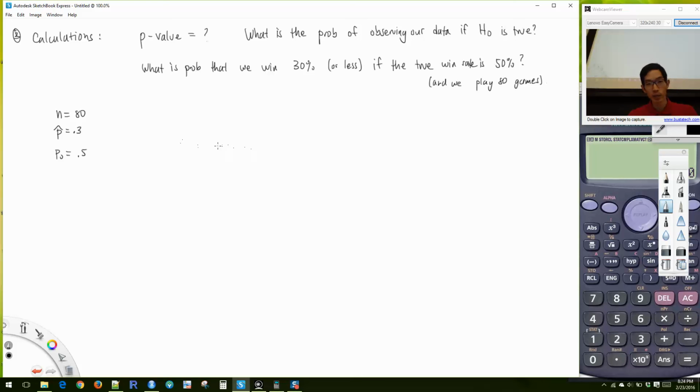So we have a normal distribution. Whenever we play 80 games, I should be winning about 50% of the time. But because of random chance, maybe I win a little more or a little less than 50% of the time.